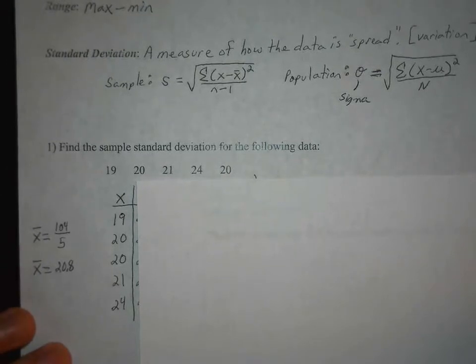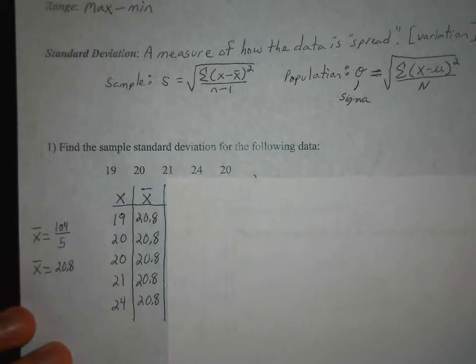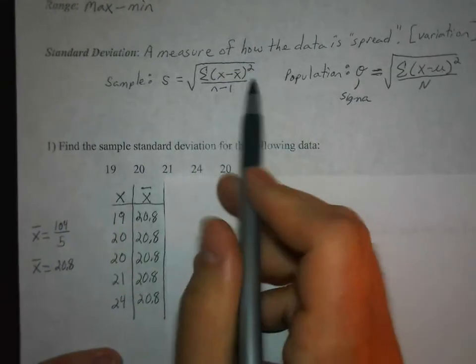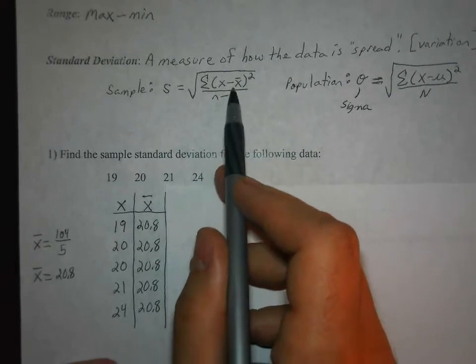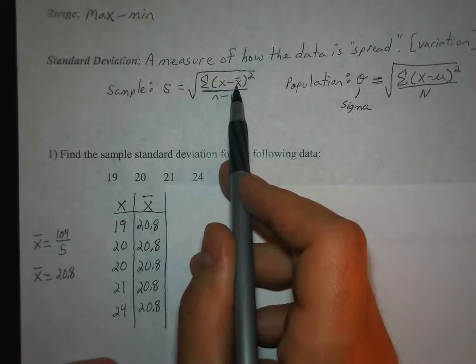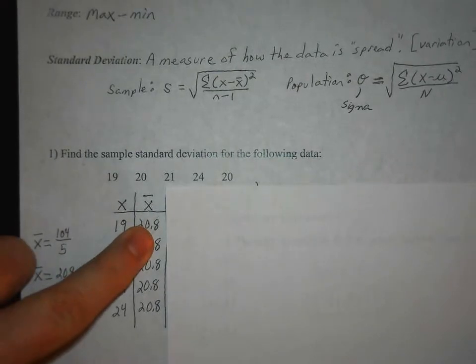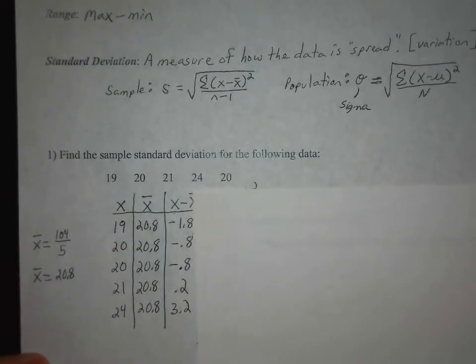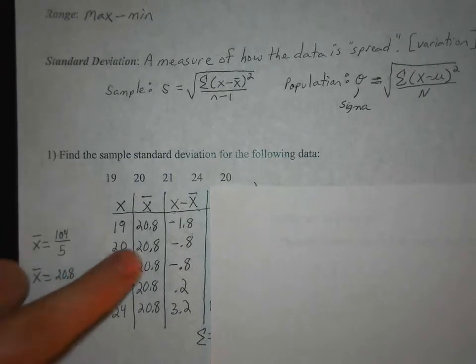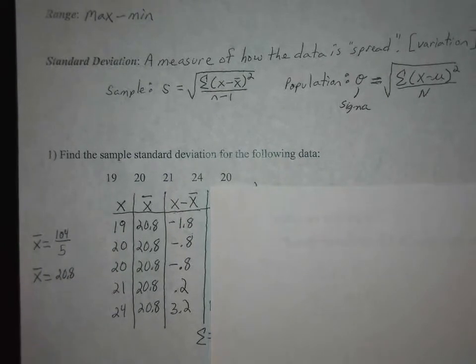Once we list our data values, I make a column for the sample mean, 20.8. And then we need to subtract them. So looking at the formula, we have to subtract x minus x bar. So when you subtract 19 minus 20.8, you get negative 1.8. And then 20 minus 20.8 is negative 0.8, and so on.